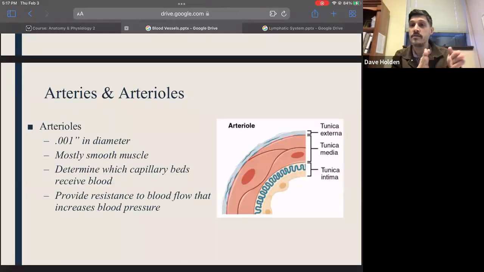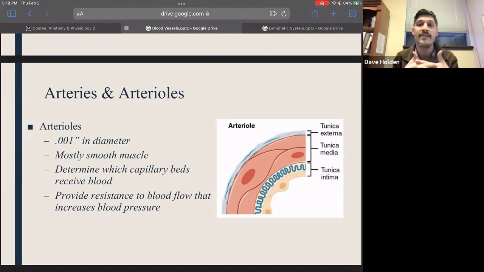As we continue down our track, we reach the next stage, which is arterioles. Arterioles are little arteries, about 0.001 inches in diameter. They are super duper small. Mostly consisting of smooth muscle, they determine which capillary beds will receive blood, so back of the hand or front of the hand. Where's the blood going in these capillaries?